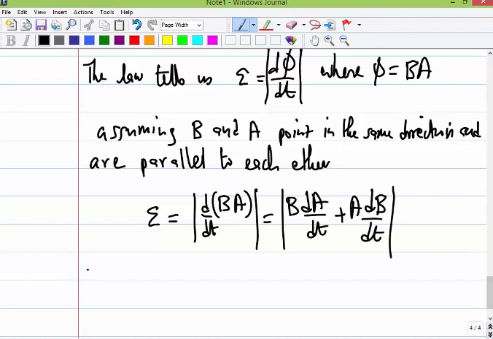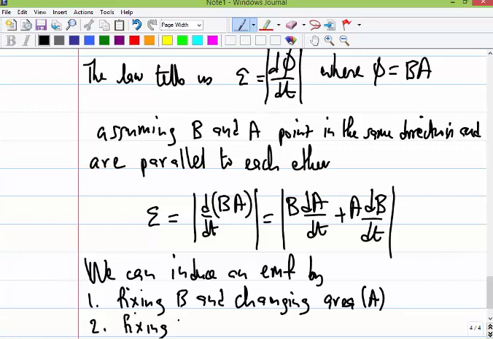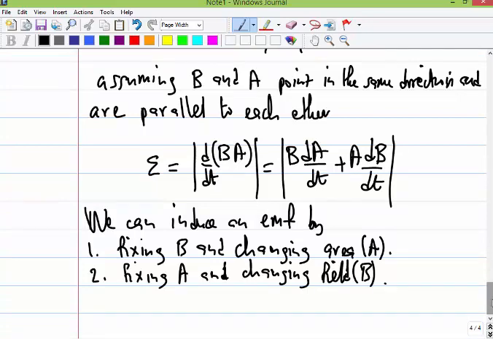So we can induce an EMF by, one, fixing B and changing area A, and two, fixing A and changing field B. Those are the two things that are possible when dealing with Faraday's law.